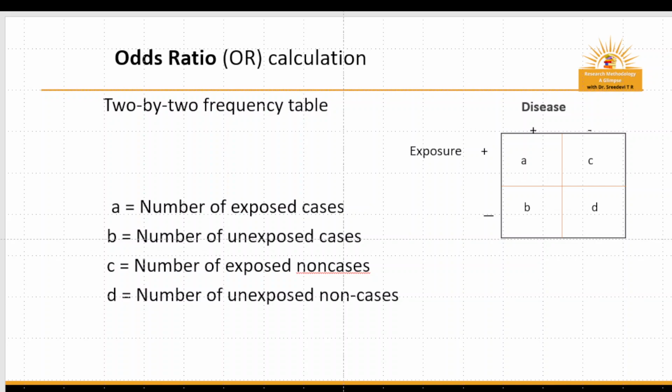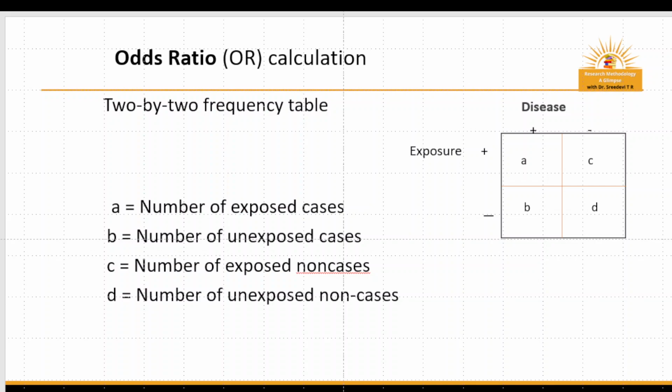Odds ratio is odds of the event in the experimental group, A by B, divided by odds of the event in the control or non-exposure group, C by D. Thus, odds ratio is A by B divided by C by D, that is AD by BC. That is why it is called cross product ratio, A into D divided by B into C.